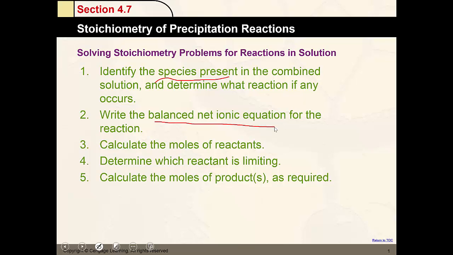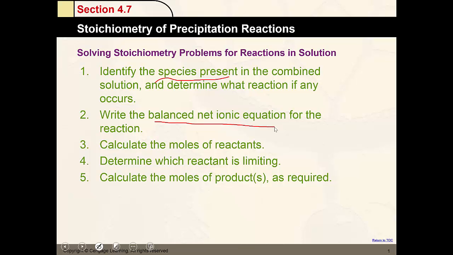Now, before we do that, we first must write the completely balanced formula equation, the complete molecular equation, and then from that we can derive the complete ionic equation, and then from that the net ionic equation.